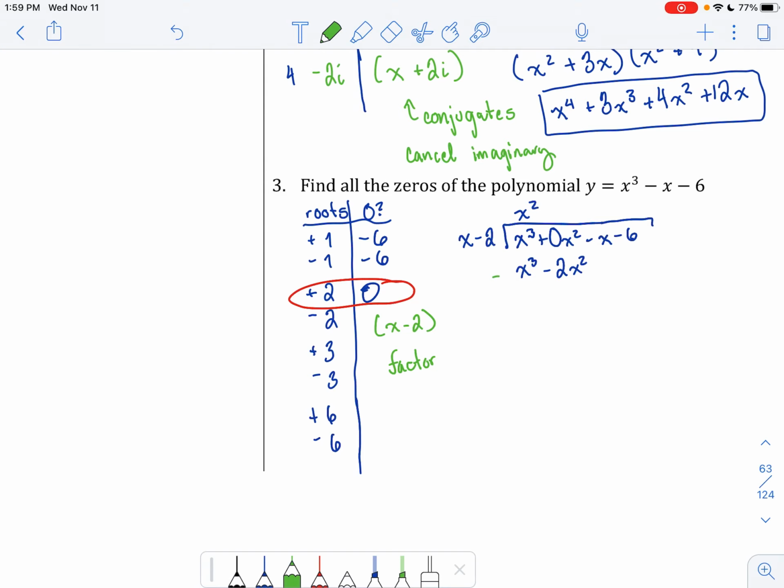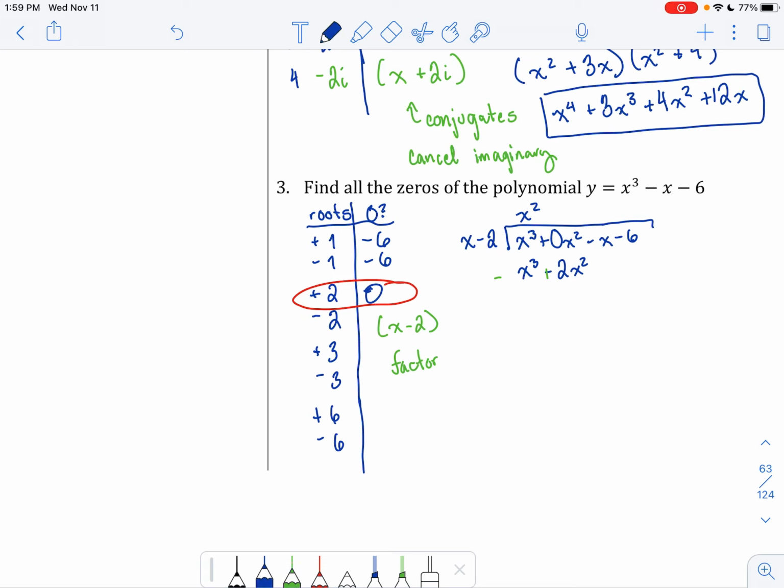Some of you definitely had problems with this just because of the subtraction. So I like to go in and change both signs just so that I know that I'm not as likely to make a mistake. Of course, that does not mean I'm not going to make a mistake. It's just a little less likely. So then 2x squared minus 4x.